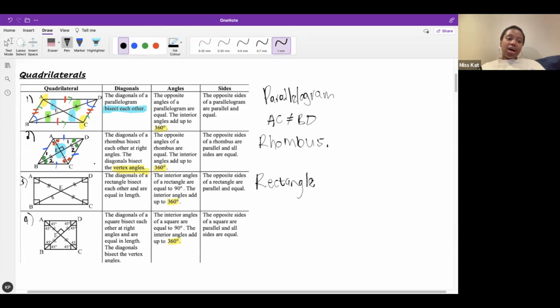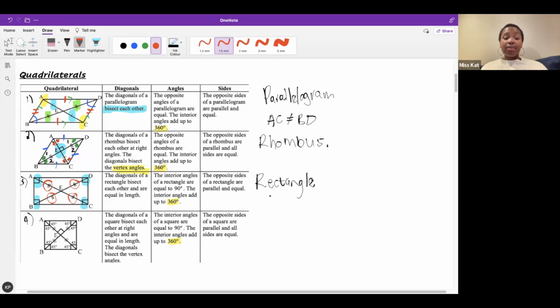Okay. Now let's look at properties of a rectangle. First things first, the angles at the corners are all 90. Do you see that? Look at the blue highlighter. They are all 90 degrees. So if I say this is a rectangle, you know all the interior angles are 90 degrees. Second thing, the diagonals are equal.